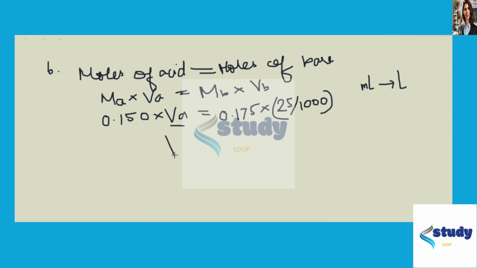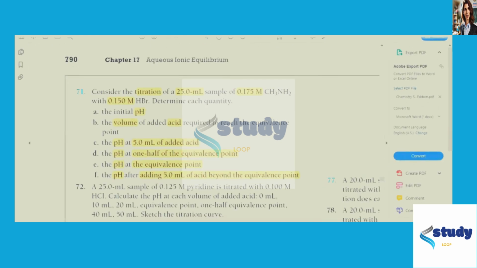But just so that you don't get your units mixed up, always convert your volumes into liters. So the volume of added acid is 29.16 milliliters, and this is how much you need to neutralize your solution. The third question is, what is the pH at 5 milliliters of added acid?